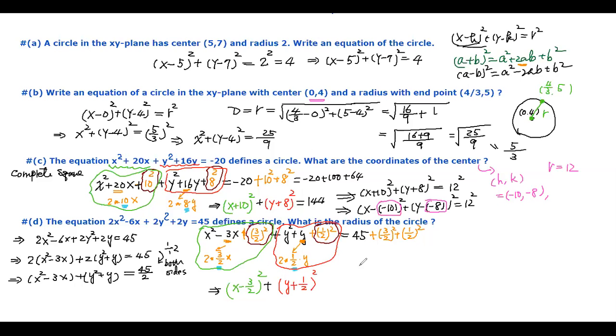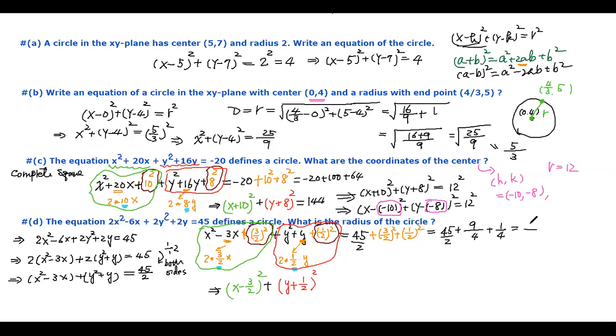Okay, so now let's take a look at what this one is. So this is 45 plus 9. Oh, I'm sorry, this is 45 divided by 2. I'm not careful, right? So 45 divided by 2, then 9 over 4 plus 1 over 4.